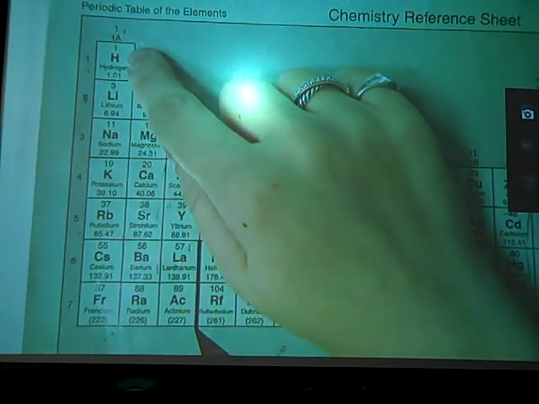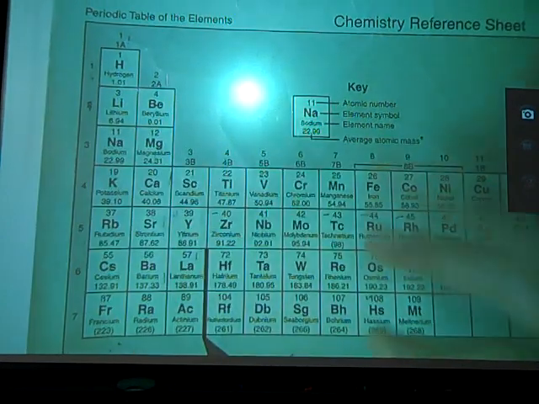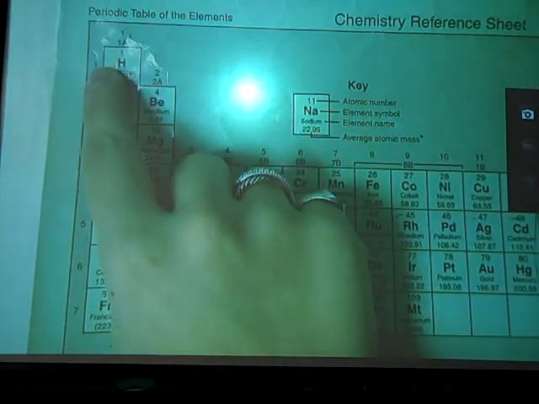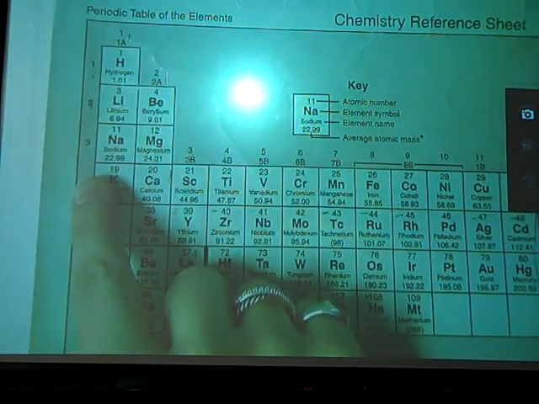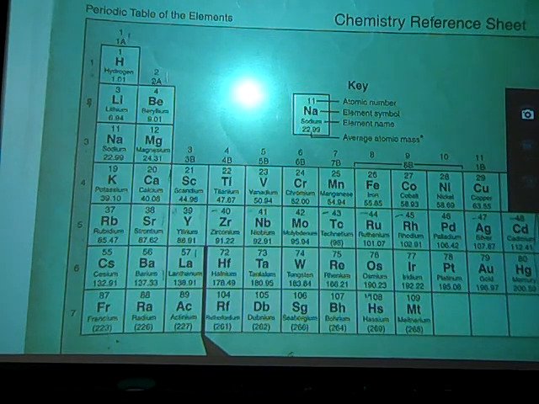Anytime you are talking about going down a family, since we've done electron configurations, we've talked about the fact that each of these rows on my periodic table, 1, 2, 3, 4, 5, 6, 7, those represent rings on my atoms, levels, where my electrons can hang out on configurations.